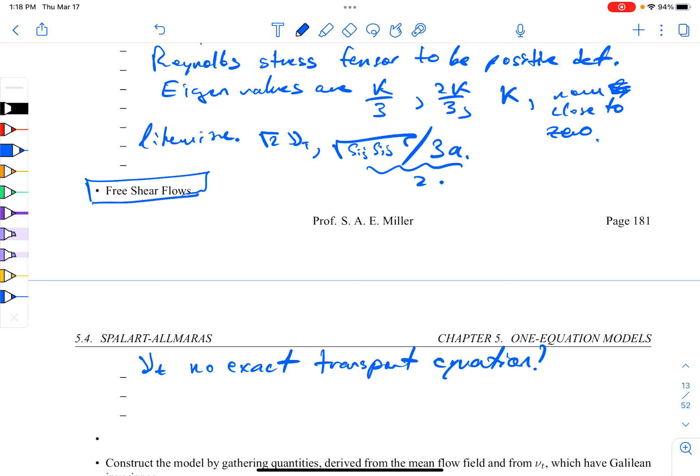So it's not like we can take our equations of motion and directly form an eddy viscosity model. This would have to be constructed in a semi-empirical or ad hoc way for just a turbulence closure. Since they can't directly derive an eddy viscosity model, they wanted to form it term by term.